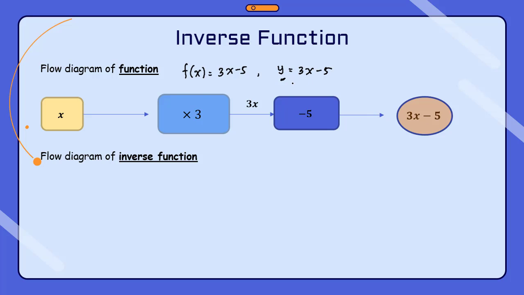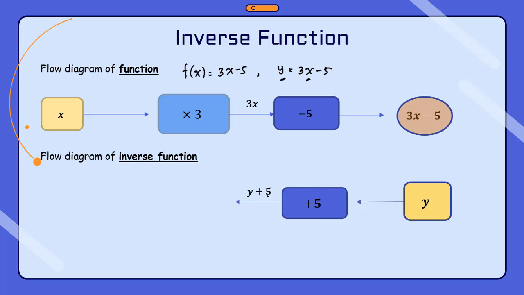To find the flow diagram of the inverse function, we have to work from the right to the left. That means we put the input as y. Then we add 5, because the inverse of subtraction is addition, and it will be y plus 5.